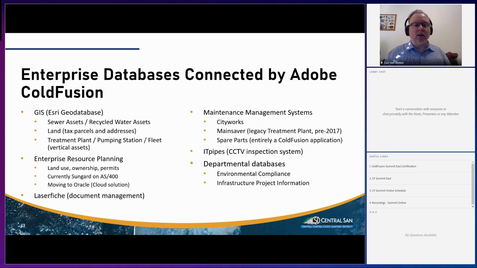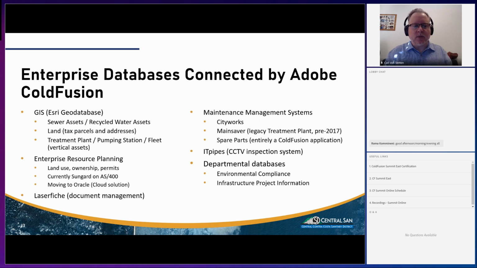And we recently went live with their permitting and licensing module for our permit counter. So ColdFusion currently is talking to both of those systems, but when Oracle has pretty much become the only system moving forward, we'll remove the SunGuard pieces at some point.